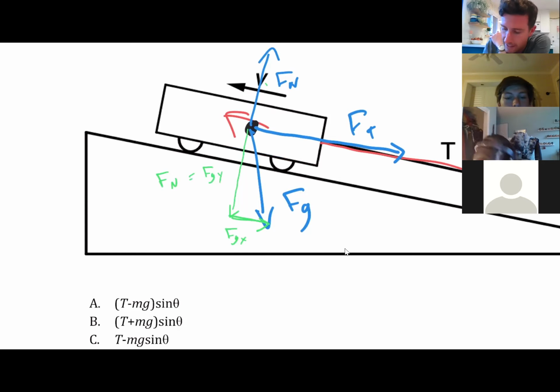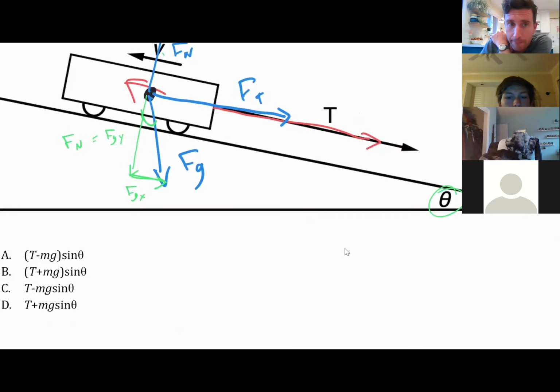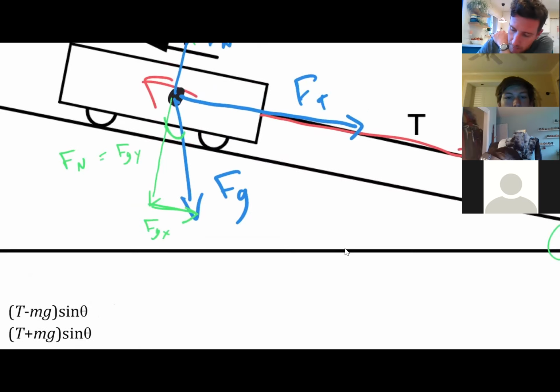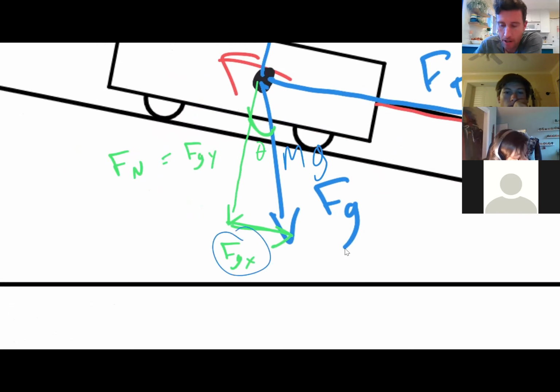So then I got to figure out what that is equal to. Well, I've got that angle right there. That angle is going to be equal to theta. I know that the total of gravity is going to be mass times acceleration due to gravity, because F sub G equals mg. Now I will care about that part.